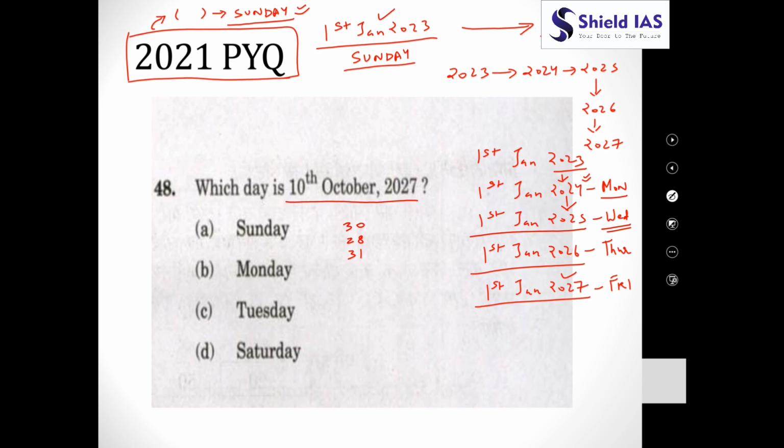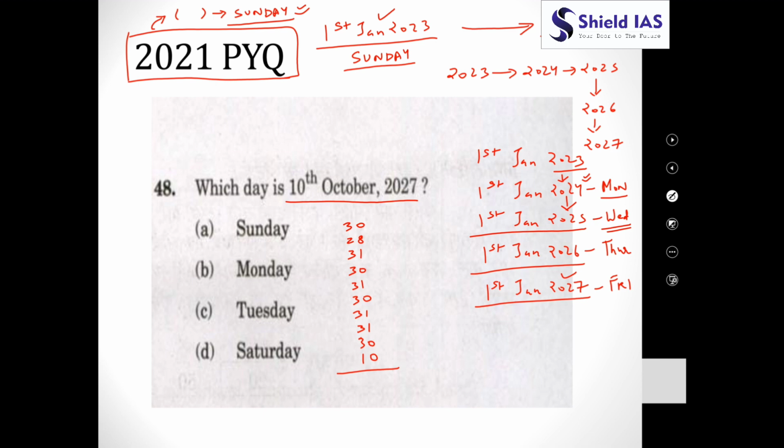In March 31 days, in April 30 days, in May 31 days, in June 30 days, in July 31 days, in August again 31 days. Always remember that July and August both consist of 31 days. Then in September there are only 30 days, and in October we will only take 10 days, as we have to calculate the day on 10th October 2027.